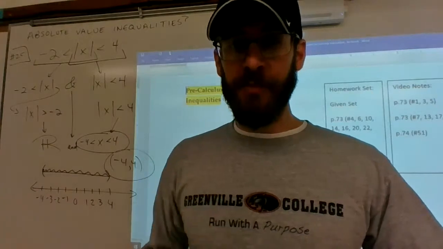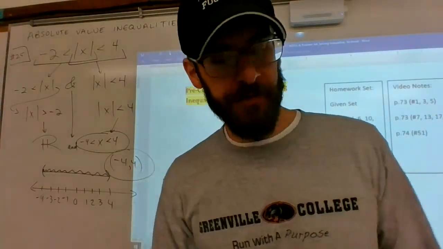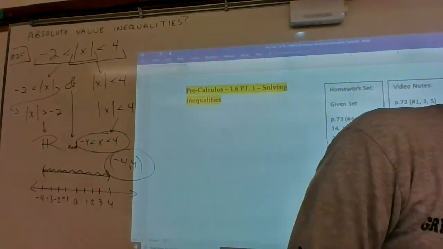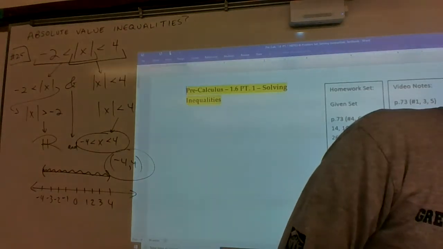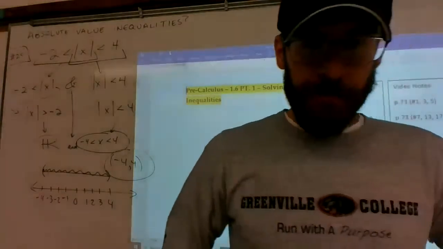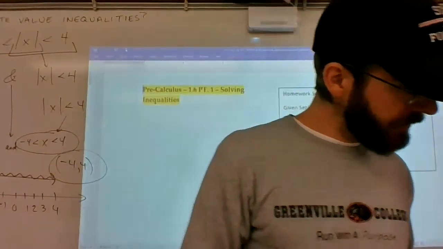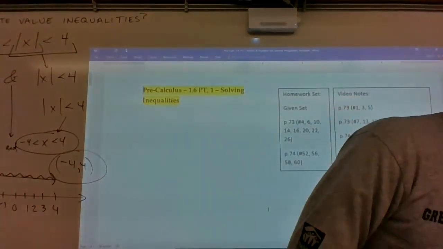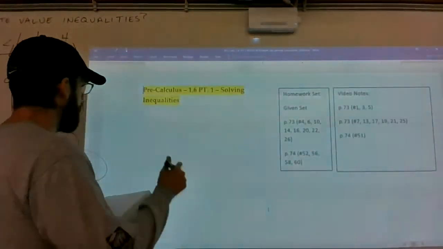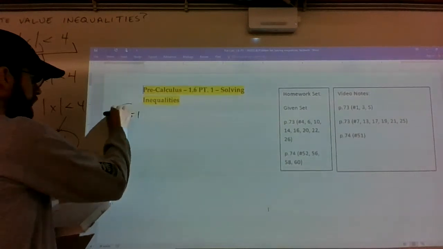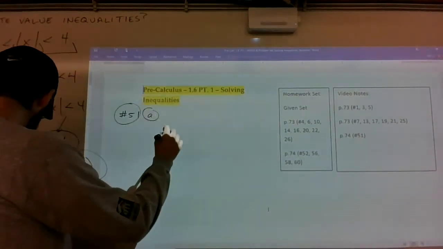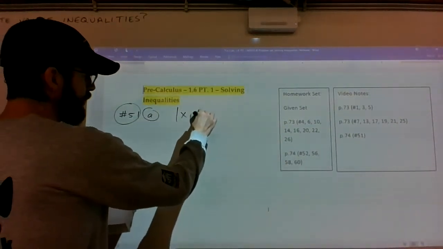All right, last one for this video and for this section is number 51. So number 51 gives us, on part A, an absolute value equation.